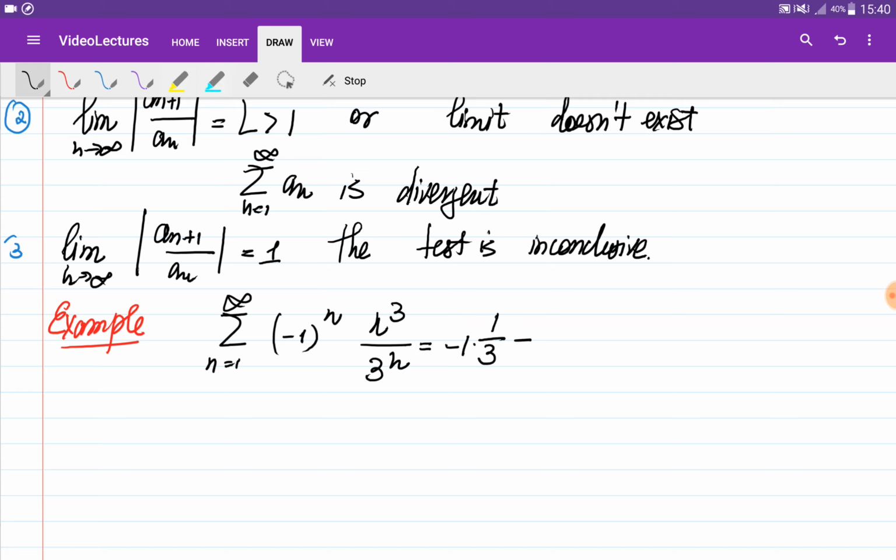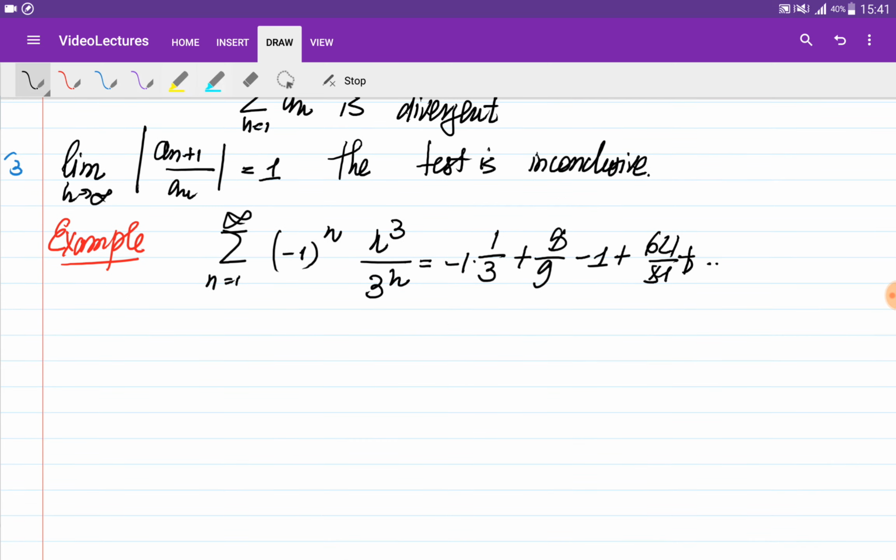Plus, for n equal to 2, minus 1 to the power of 2 is simply 1, and 2 to the power of 3 is 8, so 8 divided by 9. Plus, if I substitute 3, it's minus 1 to the power of 3, which is minus 1, and 3 to the power of 3 divided by 3 to the power of 3 is 1, so minus 1 again. Plus, if I substitute 4, it's 64 over 81. We can continue this until infinity.